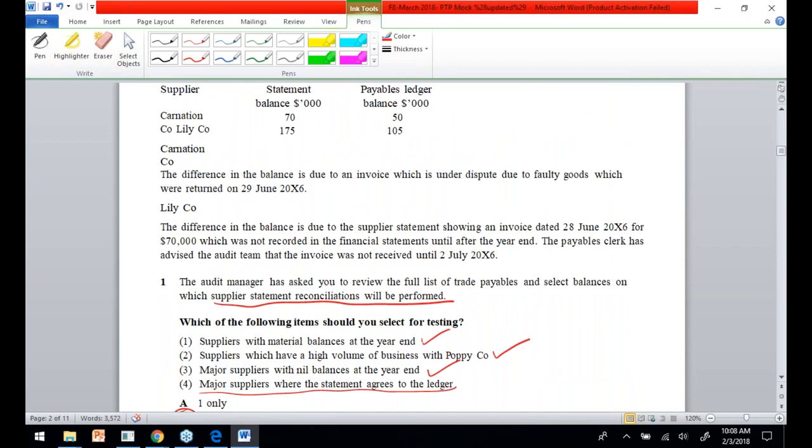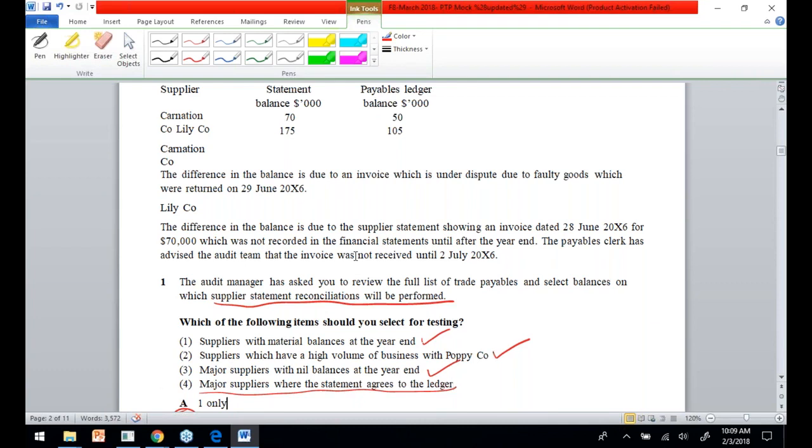The difference was caused by an invoice that was dated 28th June 2006 for $70,000, which was not recorded in financial statements until after the year end. The payables clerk has advised the audit team that the invoice was not received until 2nd of July 2006.